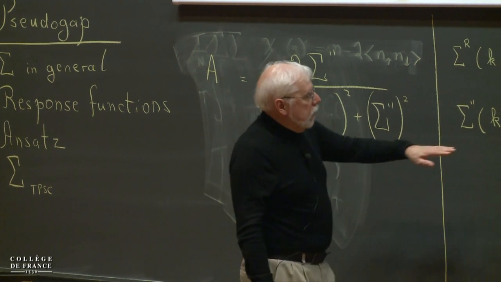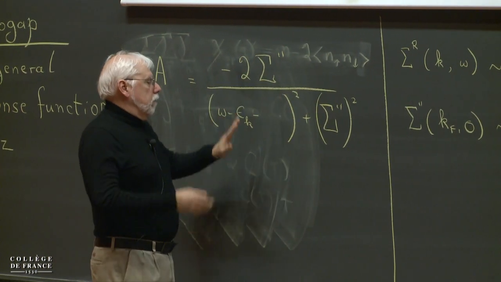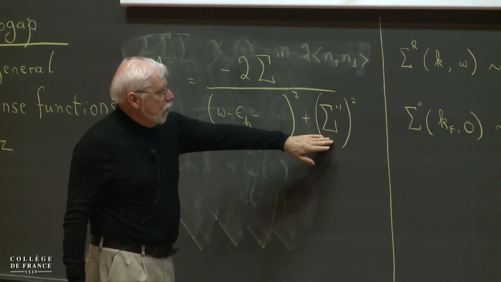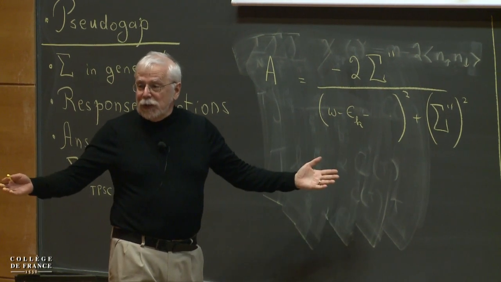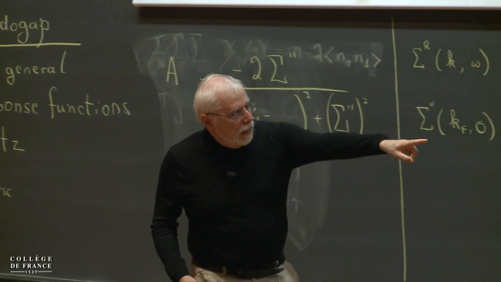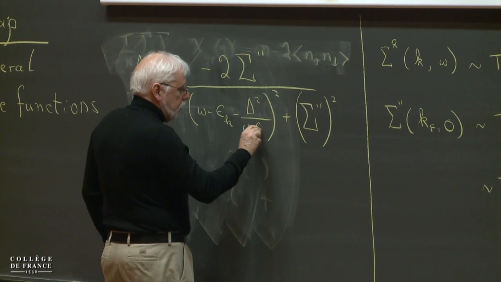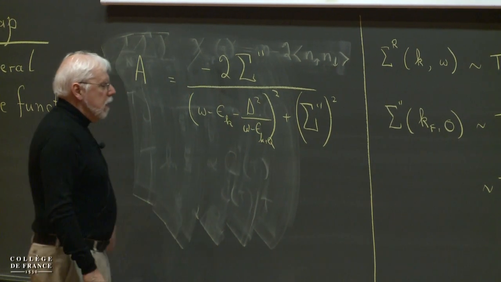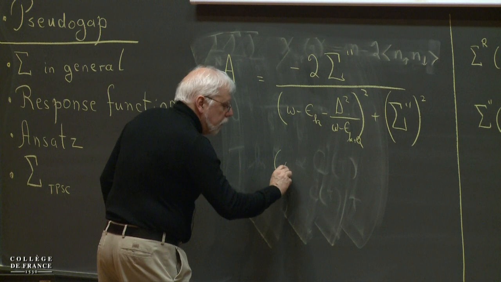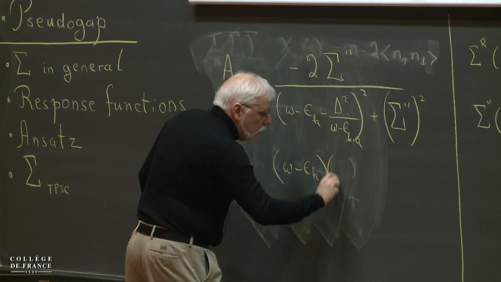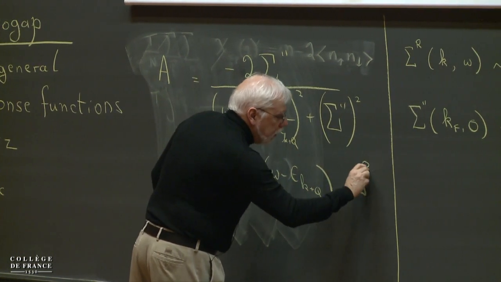So you see when you're here at 0 frequency, sigma double prime becomes infinite, and the sigma double prime infinite makes the spectral weight go to 0. If you're far from the hotspots, then you just have this approximation. So the real part becomes delta square over omega minus epsilon k plus big Q. And if you look at where this will be maximum, it is where this will vanish. And clearly, this will vanish where omega minus epsilon k times omega minus epsilon k plus big Q minus delta square is equal to 0.